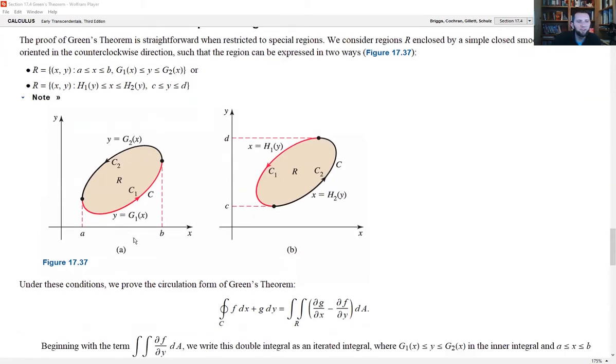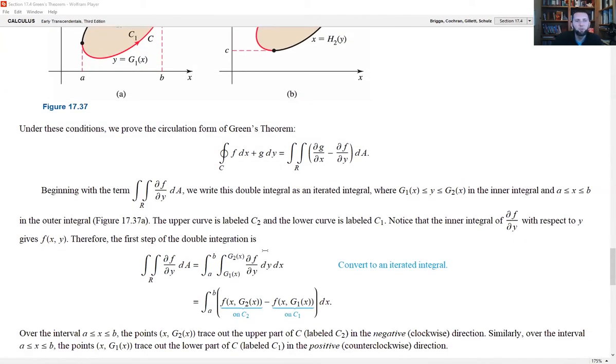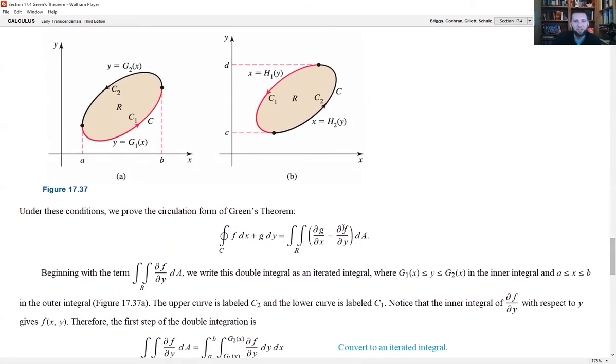So under these conditions, we prove the circulation form, not the flux form, but the circulation form of Green's theorem. So remember, the circulation form of Green's theorem says that the line integral around the closed path C of f dx plus g dy is equal to the double integral of the partial of g with respect to x minus the partial of f with respect to y, dA.